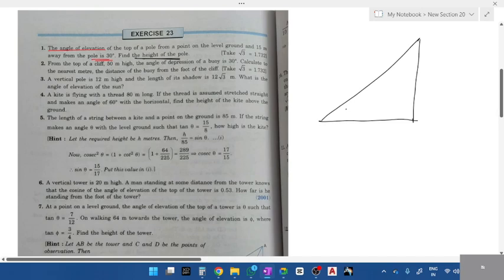From the top of a cliff, 50 meters high. Let me name it A, B, C. Which one is the height here? Which line is straight? AB is the height. So 50 meters high. What is the length of AB? The length is 50 meters from the top of the cliff.